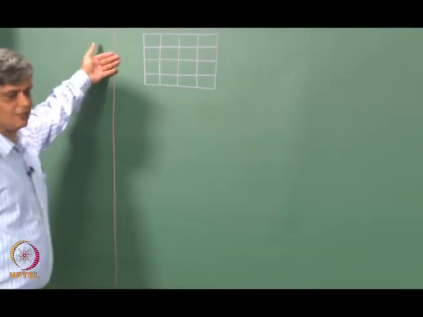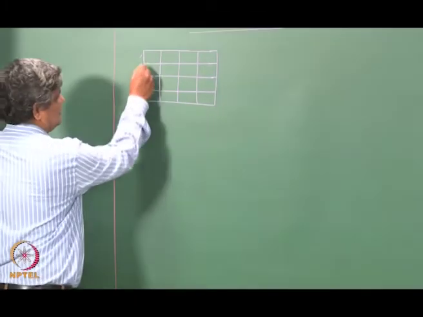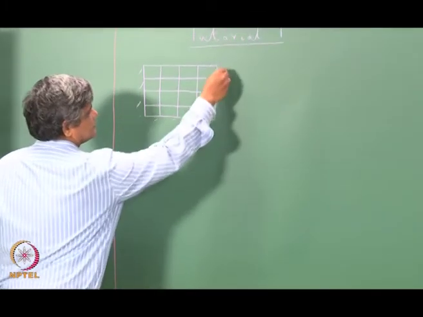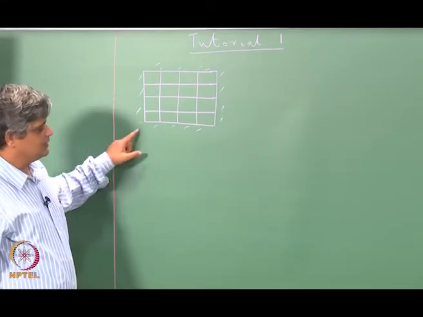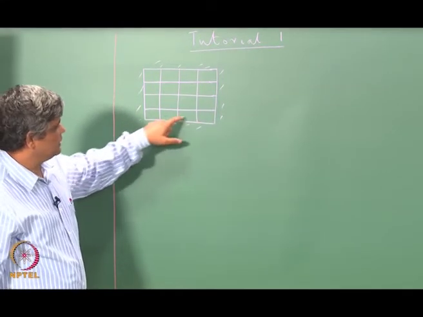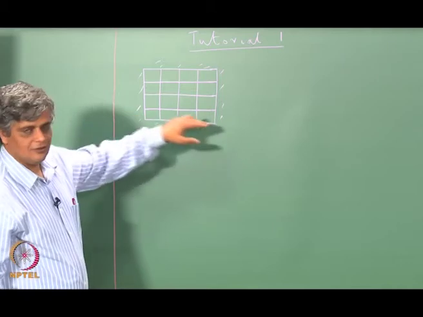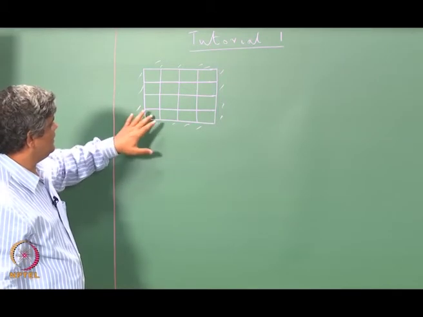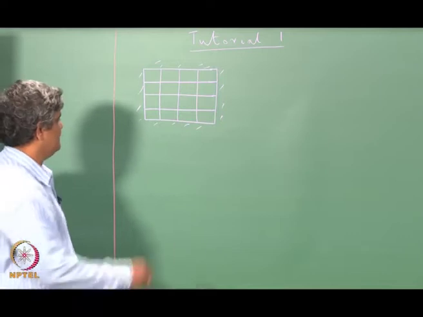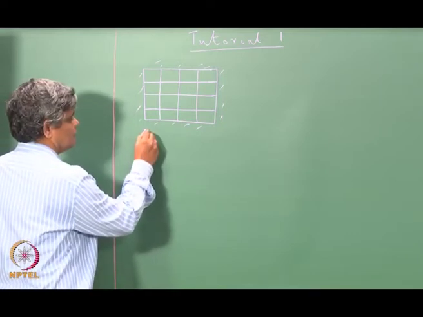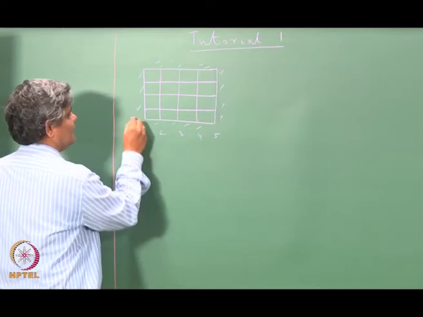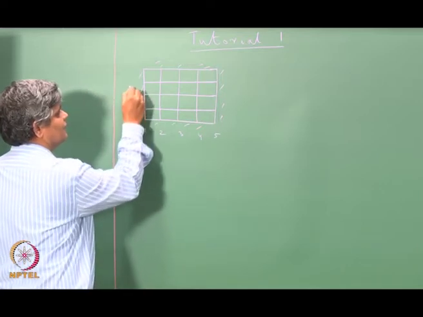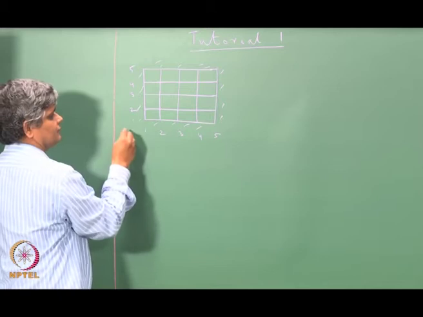So, we are looking at a rectangular domain with walls on all the 4 sides, which is divided into 1, 2, 3, 4 cells along the x direction and 4 cells along the y direction. So, we have i equal to 1, 2, 3, 4, 5 and j equal to 1, 2, 3, 4, 5.